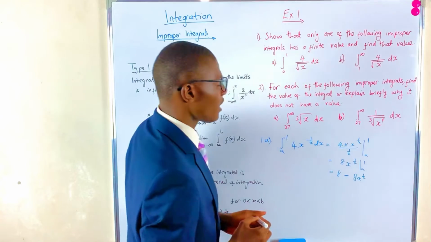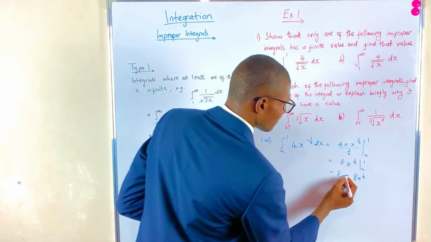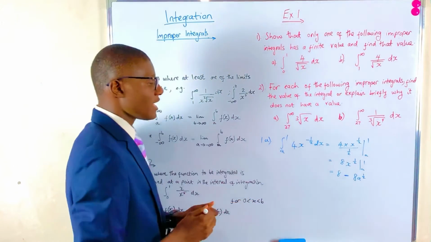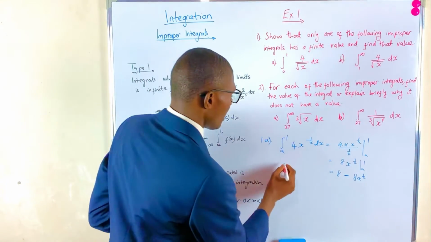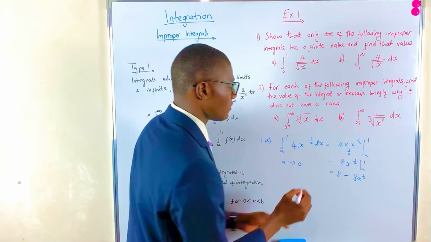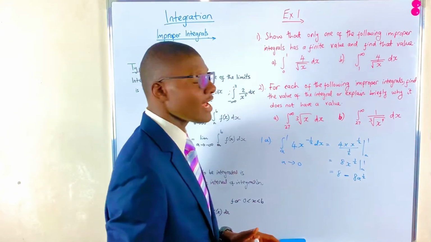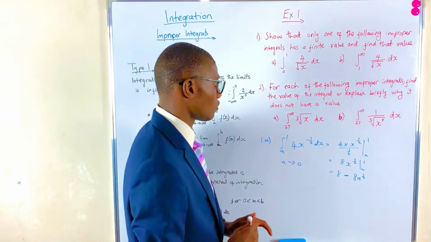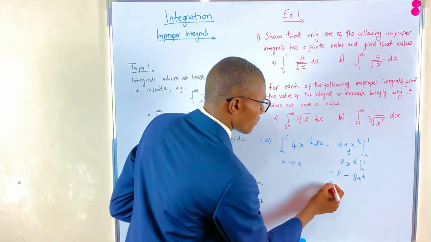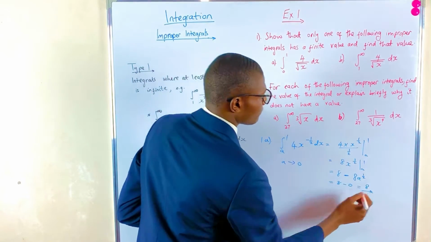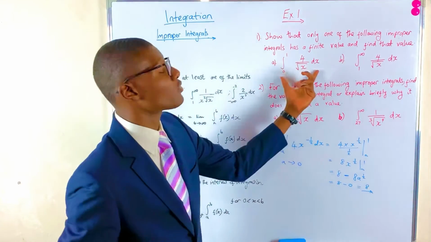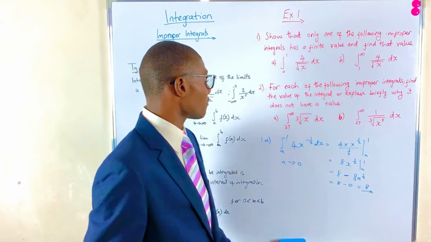Now we study what happens as a approaches 0. This 8a to the power of half also approaches 0, so we have 8 minus 0, which gives us 8. So this first improper integral has a value of 8.